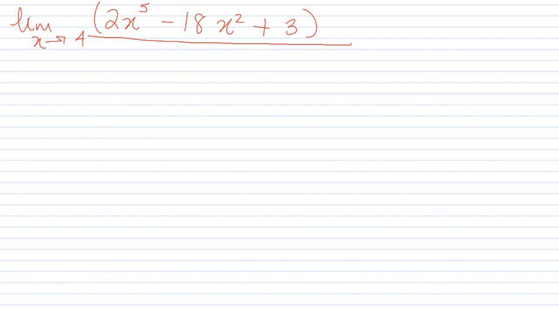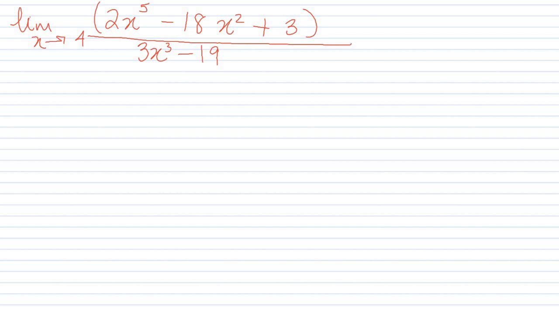We have the limit as x goes to 4 of 2x to the 5th minus 18x squared plus 3, all of that divided by 3x cubed minus 19. So that is basically what we have.